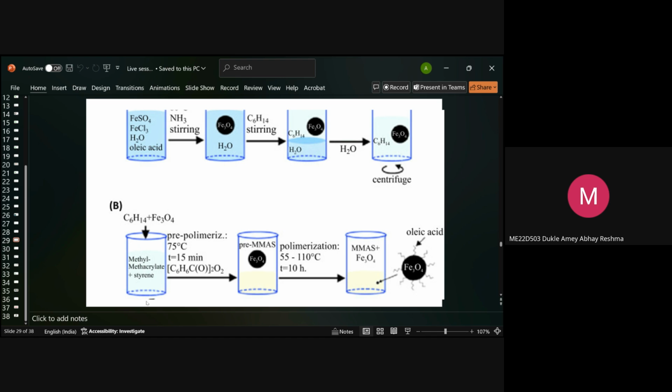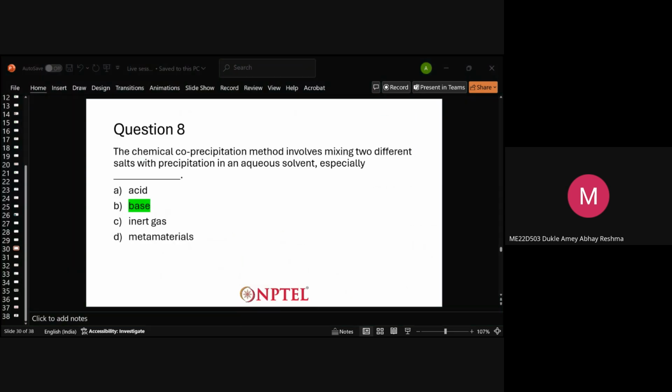If you use very strong acids, like hydrochloric acid or nitric acid, they will only go and react with the iron, which will create a problem. So you add oleic acid to get the nanoparticle. If you don't add oleic acid, it's also fine, but you use it so that the process is slowed and doesn't go very fast. Then when you add ammonia, the actual reaction goes forward, and you do the final process. So that is how it looks. The answer here is B, base.